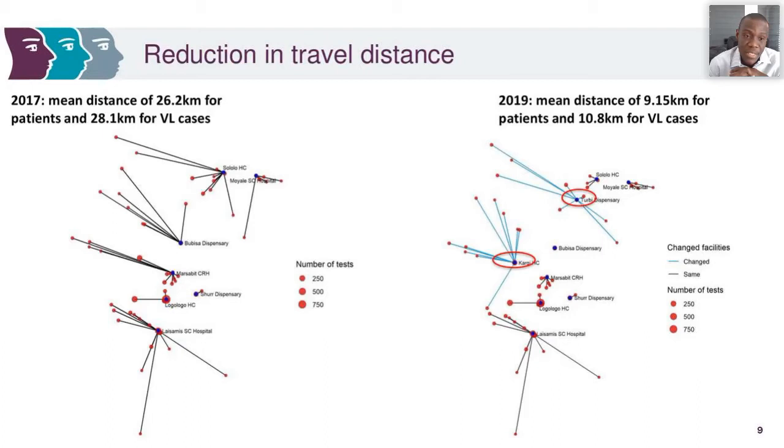And for VL cases, that distance reduced from 28 kilometers to 10 kilometers. So this is significant, and this is just by adding 2 facilities. But there are other considerations in adding or removing facilities. For instance, this facility here, Visa, its relative impact is reduced by adding the 2 facilities.